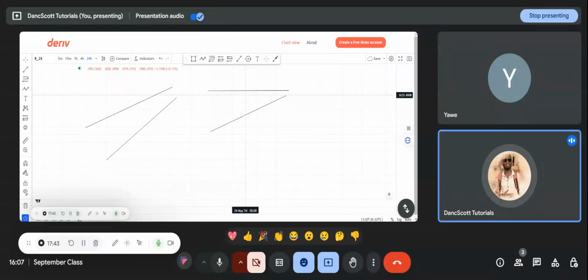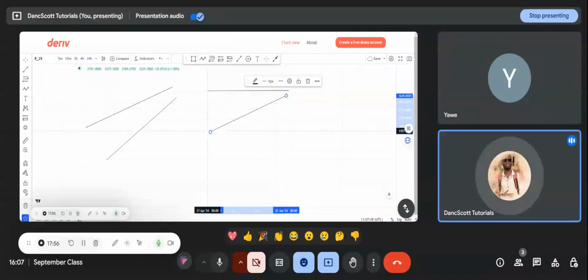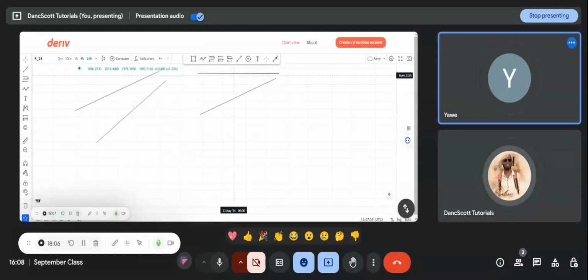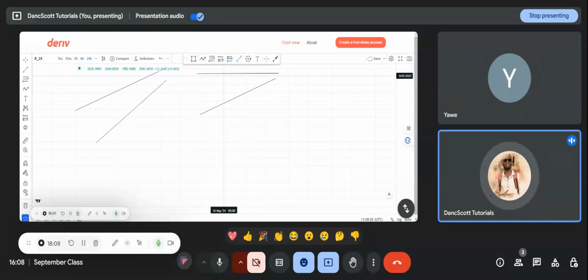We are going to talk about ascending triangles later, where we will see ascending, descending and symmetrical triangles. The reason why I'm bringing it now is that I want you to know the difference from the start so that you don't confuse them at any point in time.